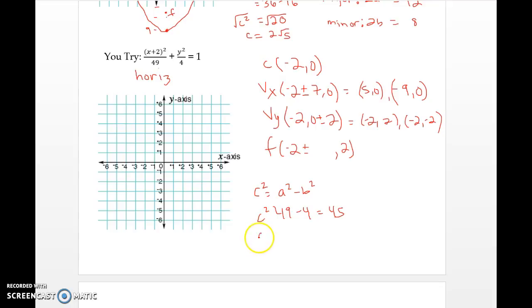And then, so c squared equals 45, and we would square root it. So c will equal 3 root 5 if we write it in simplest radical form.